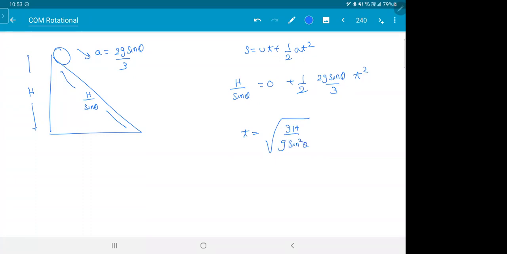That's it. So once you have the acceleration, it is simply a matter of kinematics. Put it down. Have a look at this. Any doubts?